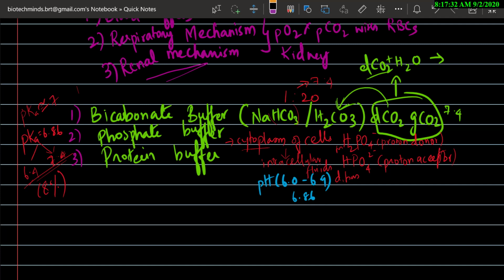So phosphate buffer in blood is 8%, but within the cells it is present in high levels.